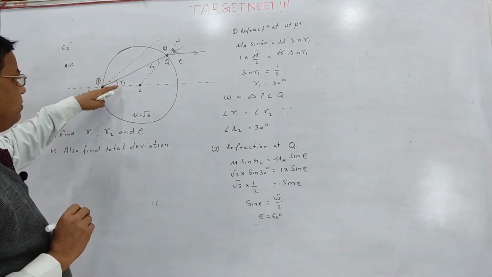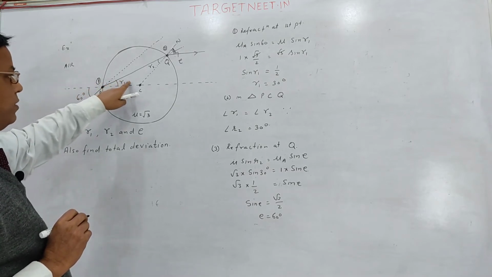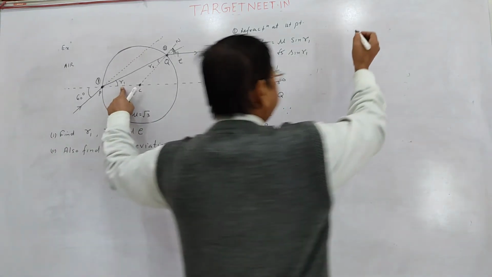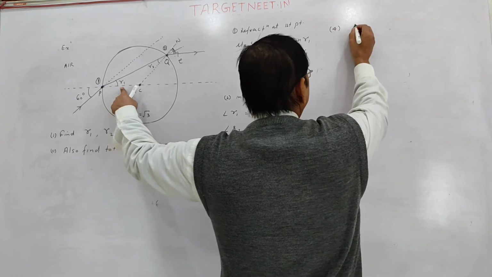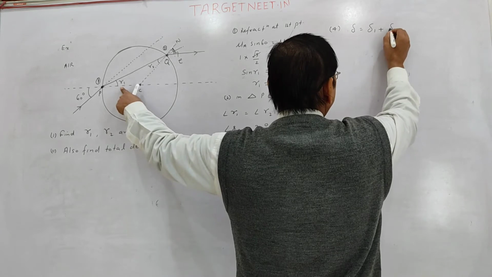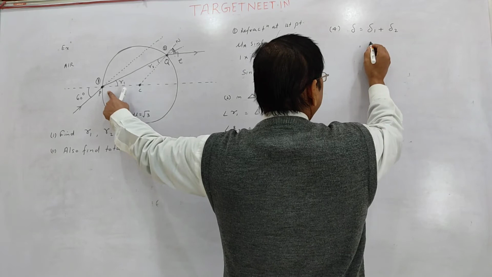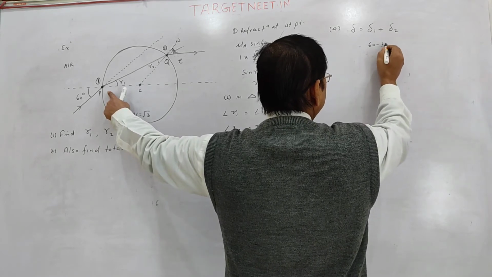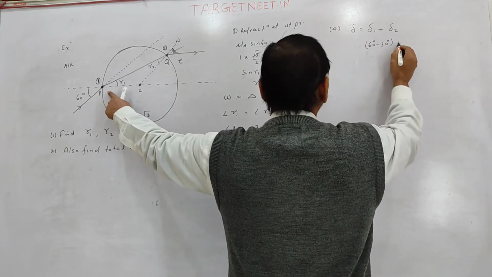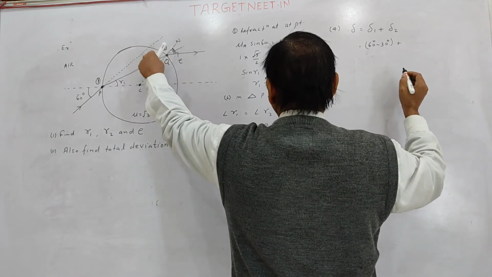Now for deviation here, the angle of incidence is greater than the angle of refraction, so I minus R1. The total deviation will be the sum of the deviation at the first point plus the deviation at the second point. Deviation at the first point is 60 minus 30. 60 is the angle of incidence, 30 is R1, plus here E minus R2, because this is greater than this.